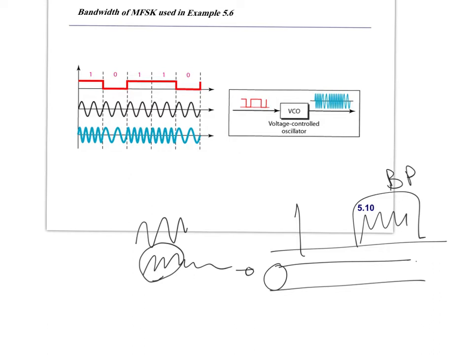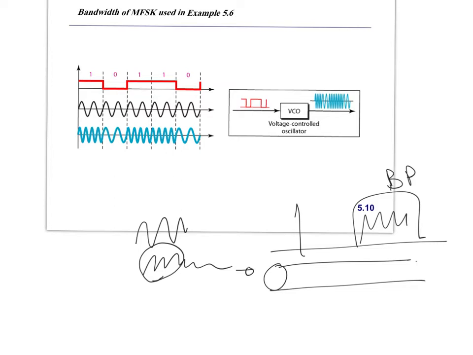Then we talked about the fact that ASK, or amplitude shift keying, has a certain problem that has to do with noise resistance. In which case, as we discussed last time, if we were to change the frequency according to the digital bits, then we would be more noise resistant.